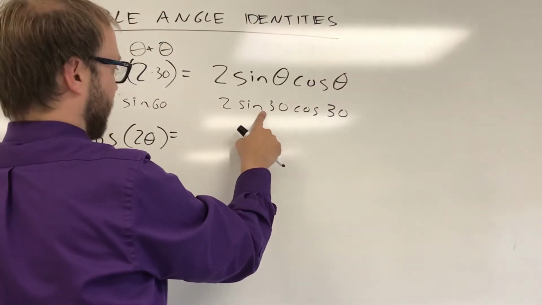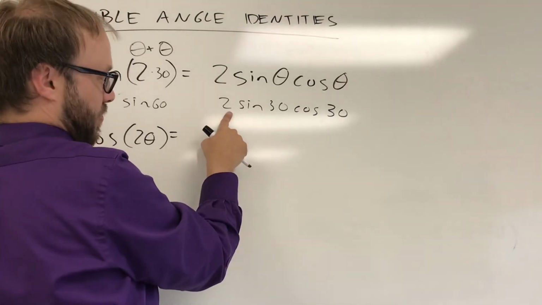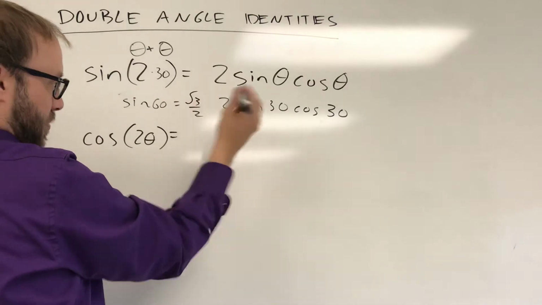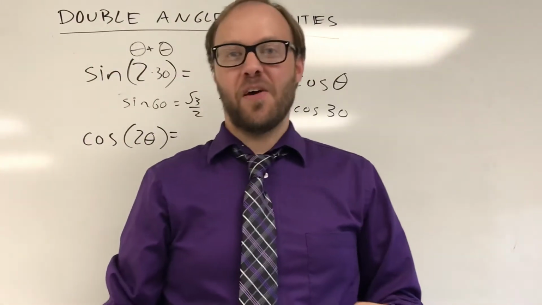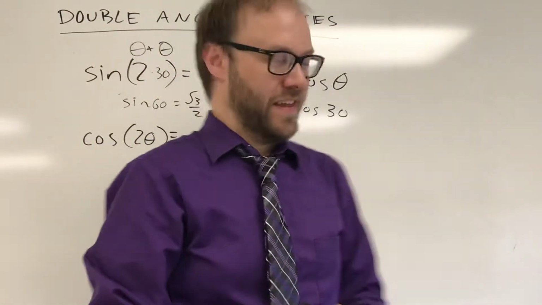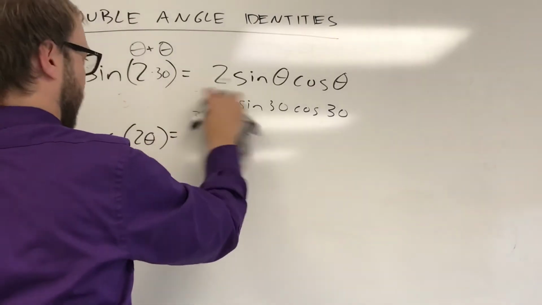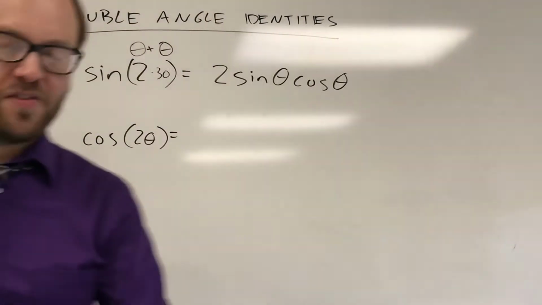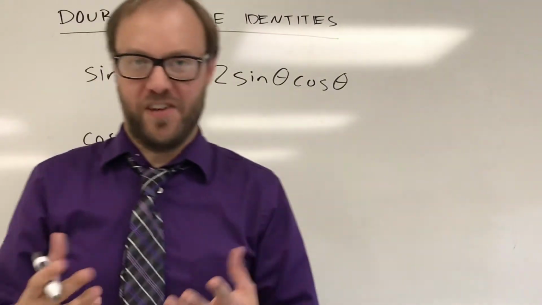That's 1/2. You multiply by 2, and you just end up getting radical 3 over 2 when you simplify the whole thing, okay? So again, it doesn't get used a lot to evaluate things, but it's a pretty important statement nevertheless, okay?